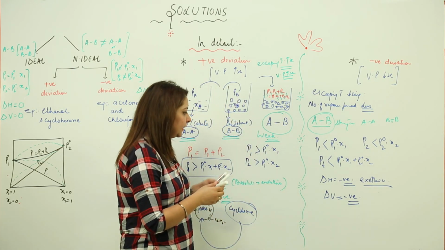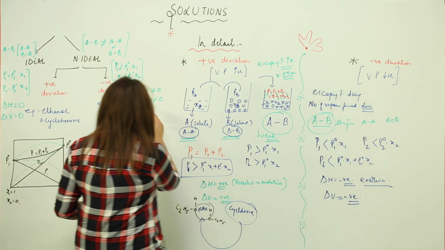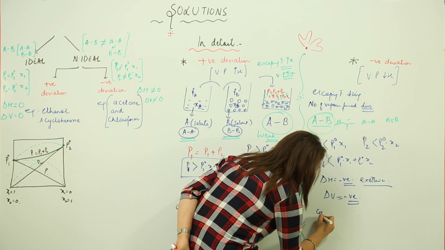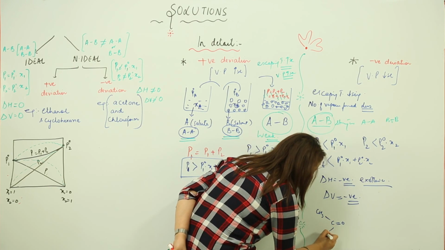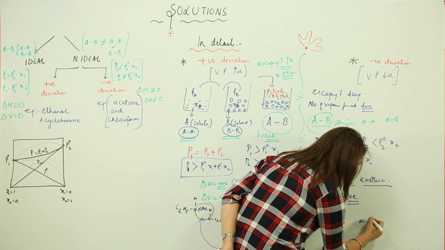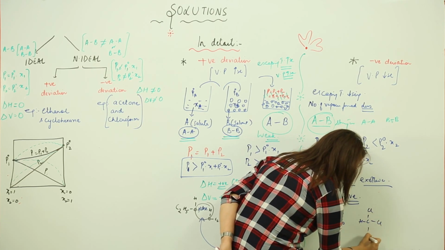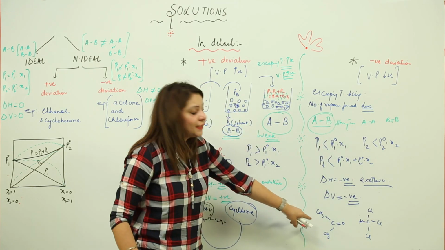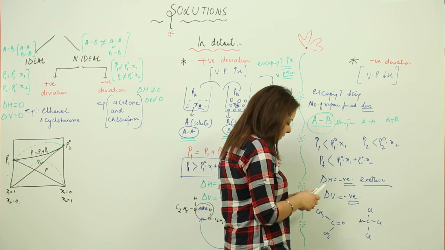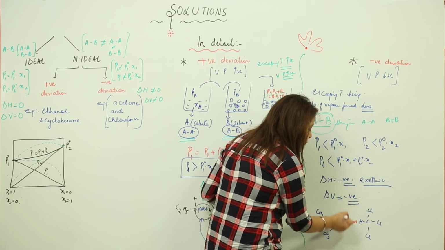And as an example I am illustrating for you, as I told you, the example of acetone and chloroform. You know that acetone is this and chloroform is this. What happens when you mix these molecules, acetone with chloroform, is that their interaction becomes stronger because it leads to the formation of a hydrogen bond.